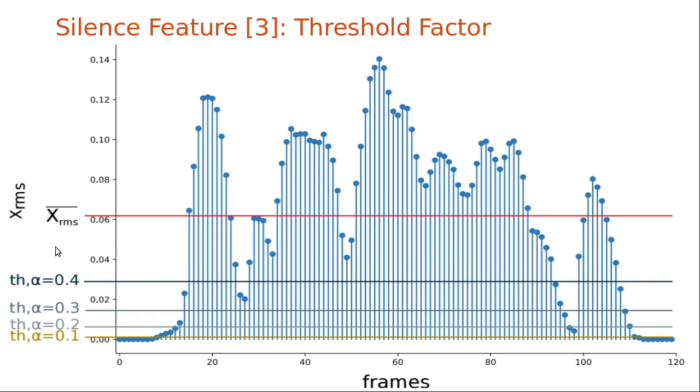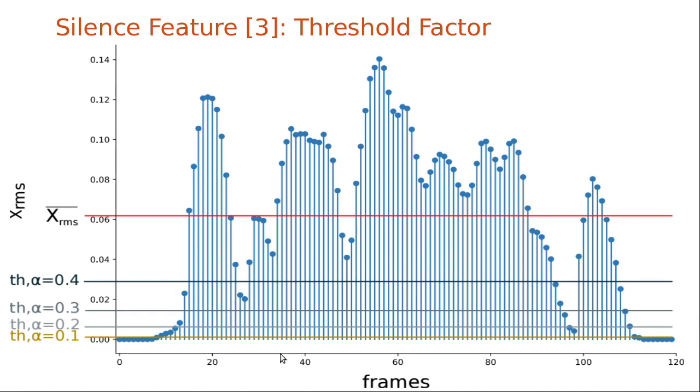If we set the threshold to 0.4, then the frames below this blue line are categorized as silent frames. So to obtain the silent feature, we divide this number of frames by the total frames.